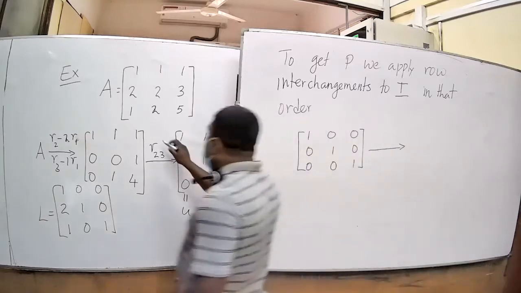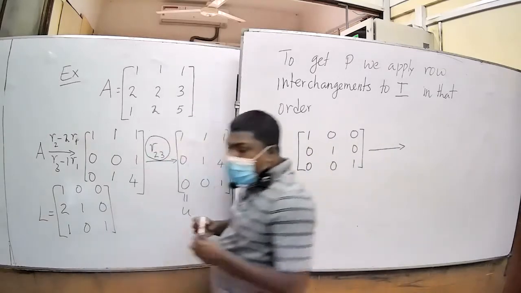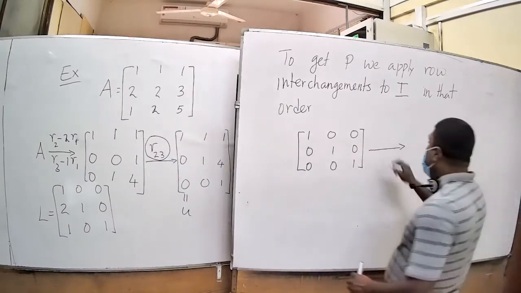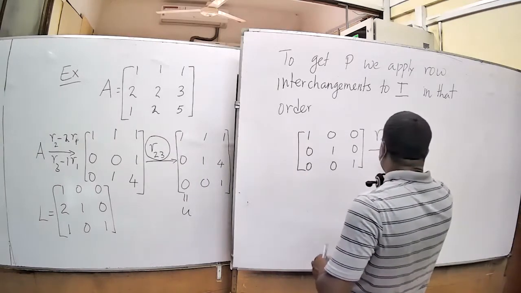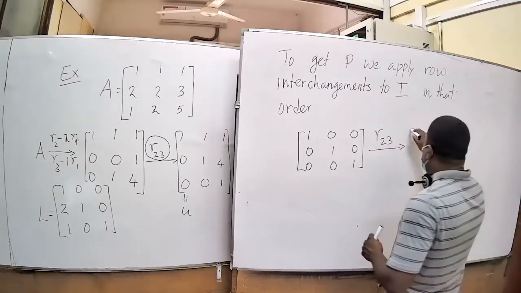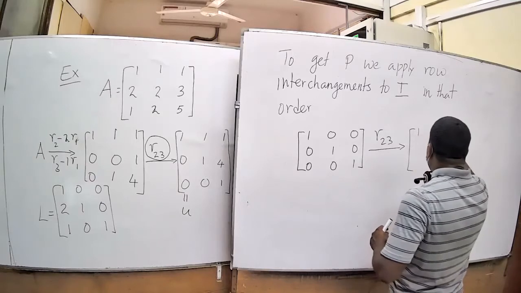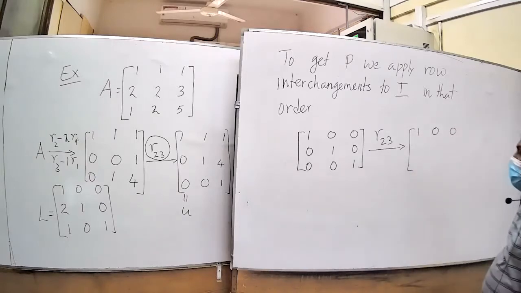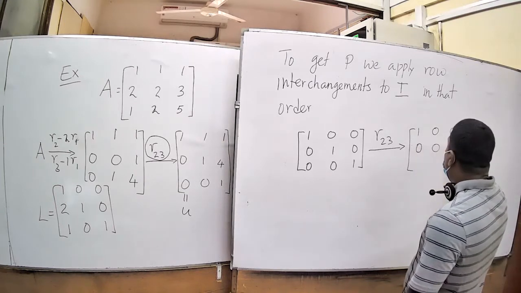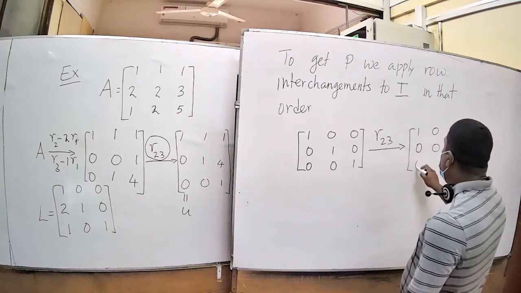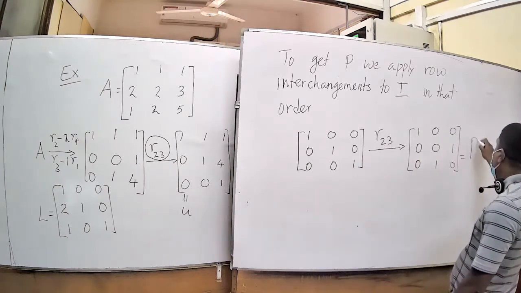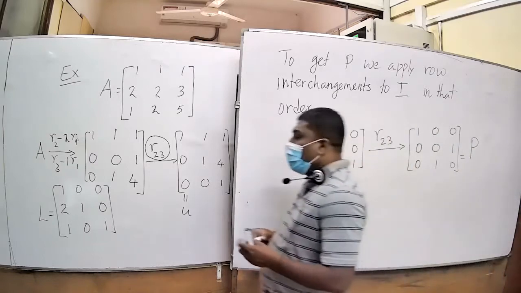The only row interchange is R23, so when you apply it, the first row does not change. The second row is now the third row, 0, 0, 1, and the third row is the second row, 0, 1, 0. So this is your P.